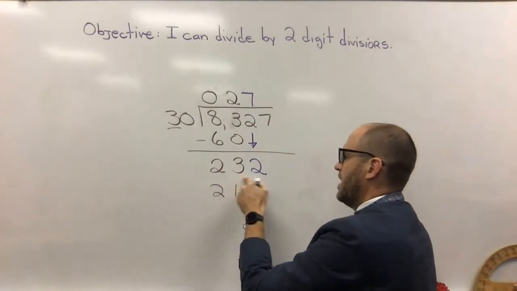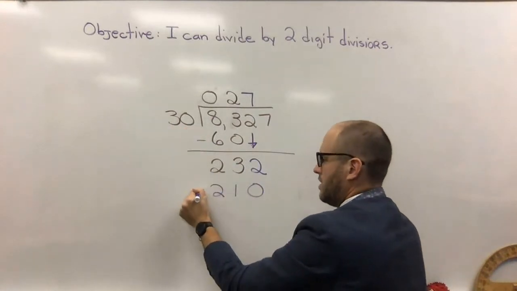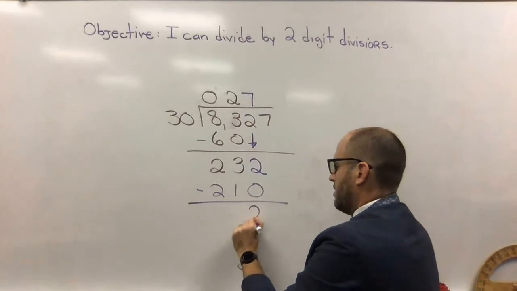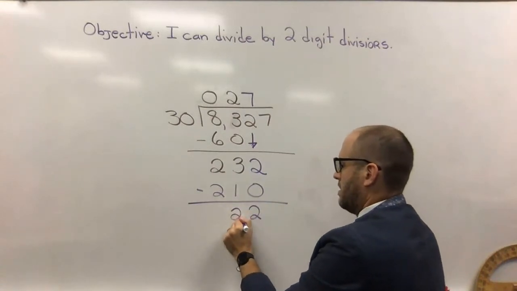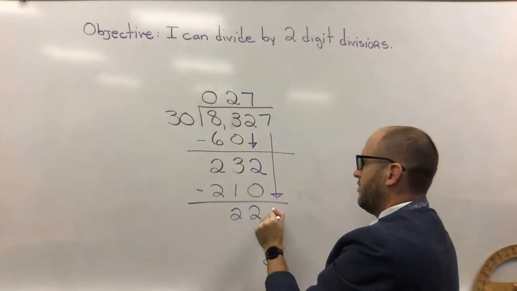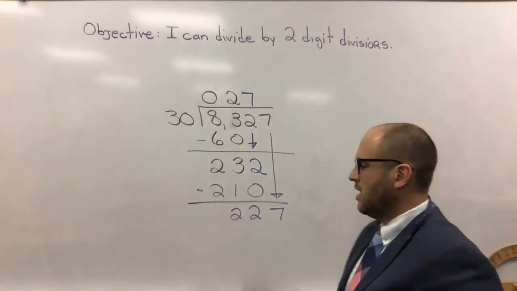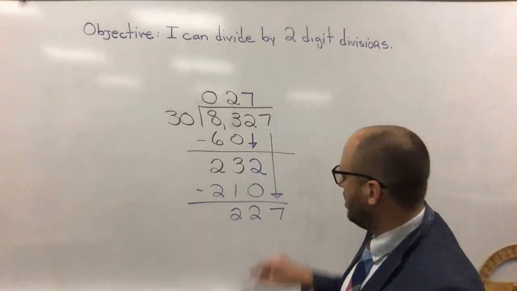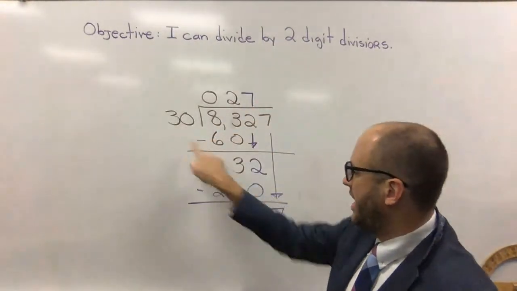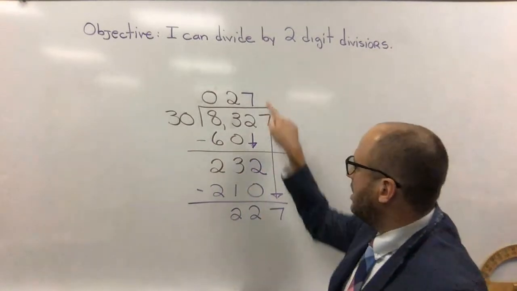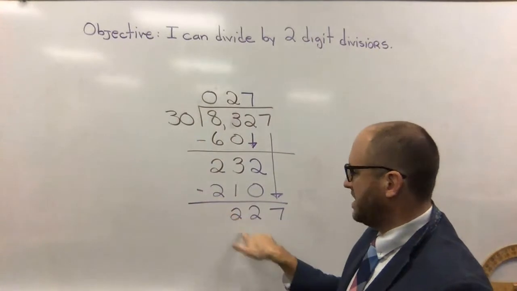I'm going to erase my estimating marks. We subtract. 22 is smaller than 30, so I can bring down this 7 one more time. And then we have one more step. Now what's fun about this problem is notice right here, we've already kind of multiplied, so I can use information that I already have to see, oh, 210, 227, that's pretty close.